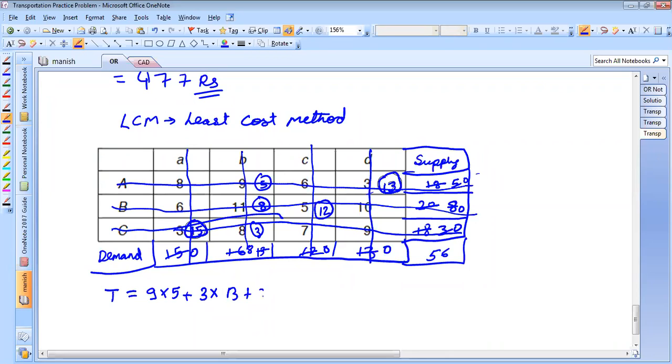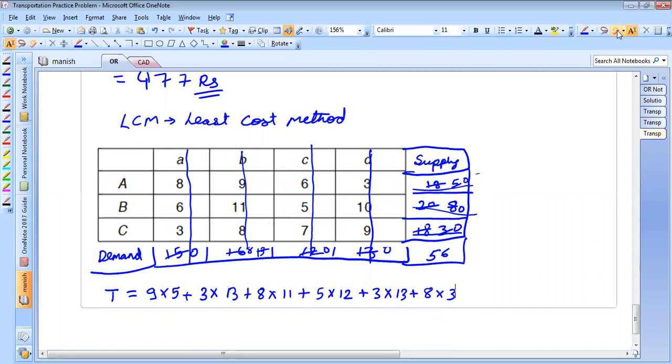So plus 8 into 11 plus 5 into 12 plus 3 into 13 plus 8 into 3. So 3 into 15, no, sir? Oh, 15. Sorry. 3 into 15.